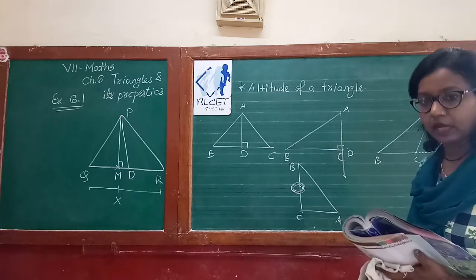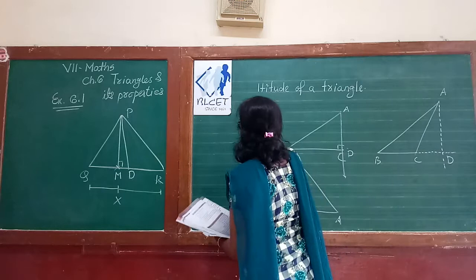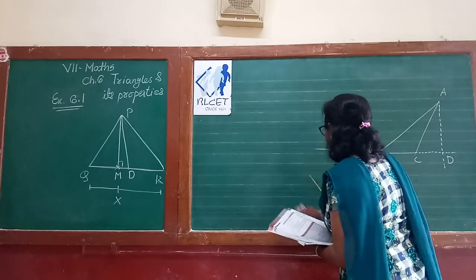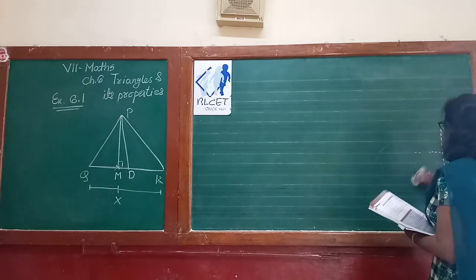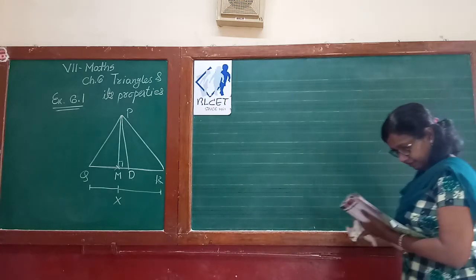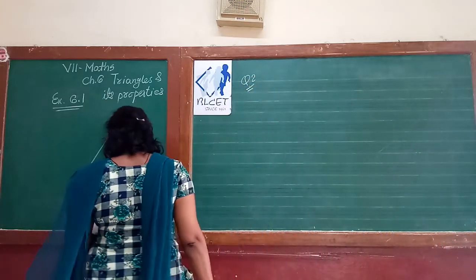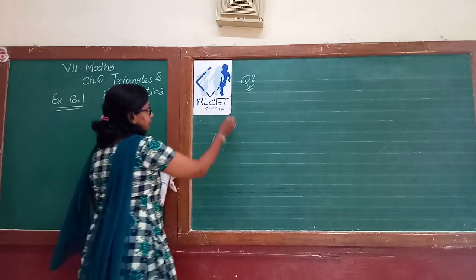Second question: draw a rough sketch for the following. See the first question. We have to draw a rough sketch. What is given? Triangle ABC is given. Question number 2: in triangle ABC, D is a median.